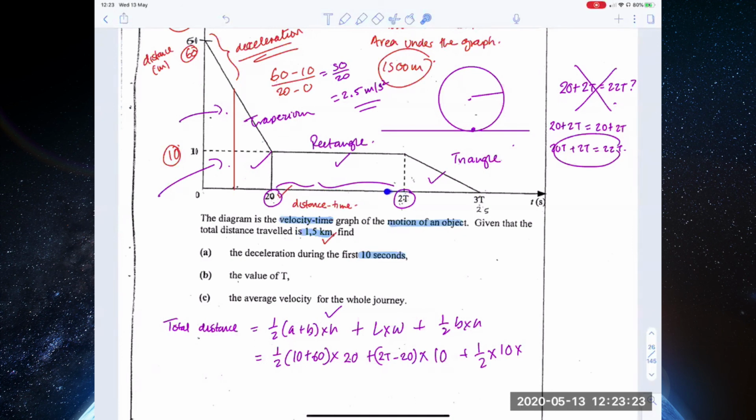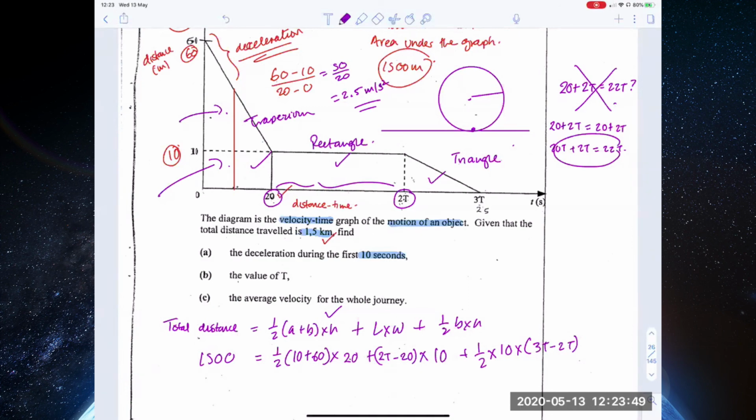It's 2t, isn't it? From here to 0 is 2t, and from 0 to there is 3t. So to get this, I just say 3t minus 2t. And this is equal to 1,500 meters, because that's the total distance.